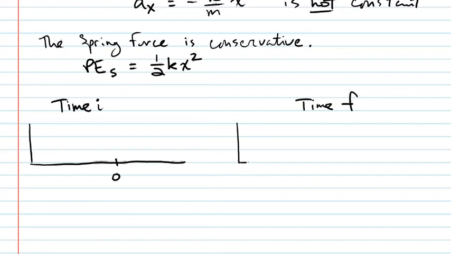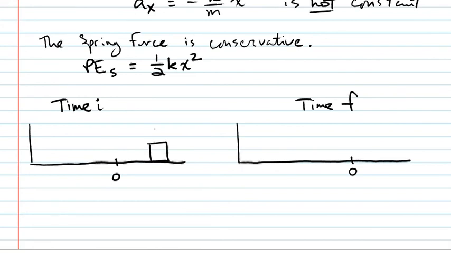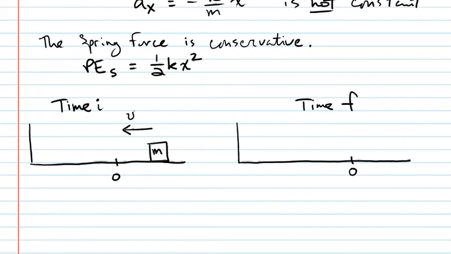If we have an initial and a final, and suppose that we pulled the mass back and released it at some point, and it's moving to the left with speed v initial, put a spring in there, and the current position of the mass is x initial.